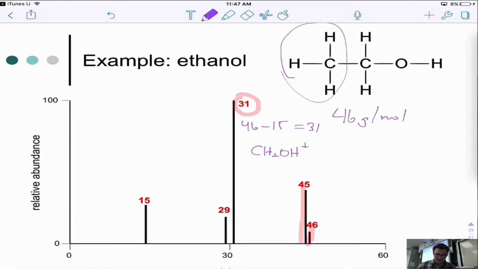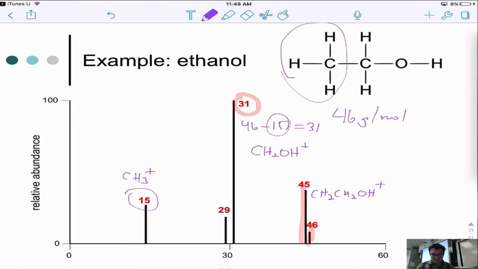Notice I put in the ion charge there to show that it's a charged particle. This part here would be CH2OH+, or perhaps we lost the H on the end. Now notice this 15 over here, it comes out on this end right there. And so over here we have our CH3+ that came out.